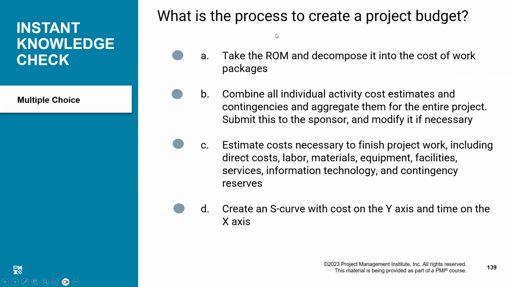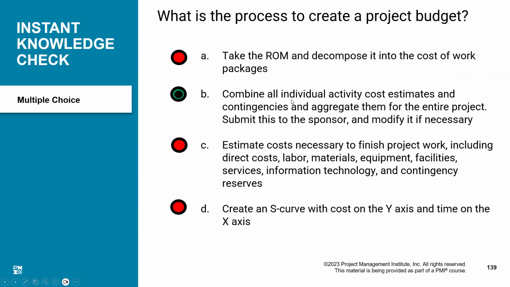Okay. What is the process to create a project budget? Letter C. If it, yeah, predictive C. Actually, it is B. It is talking about creating the project budget.